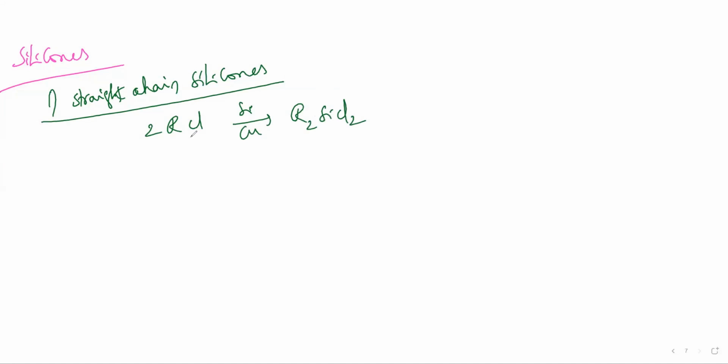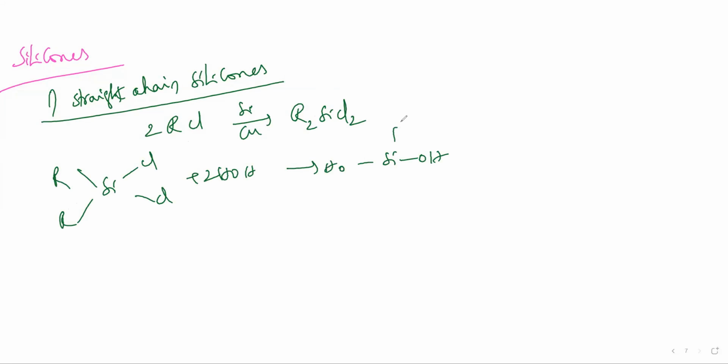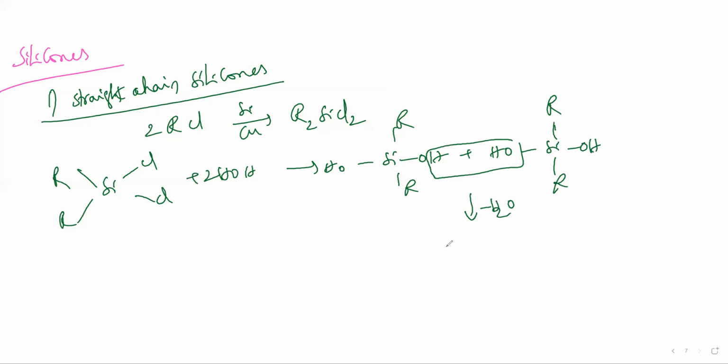Now this R2SiCl2, on hydrolysis gives R2Si(OH)2. Now consider one more molecule, HO-SiR2-OH. Eliminate a water molecule, minus H2O.